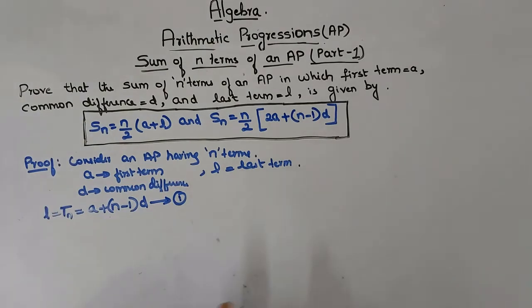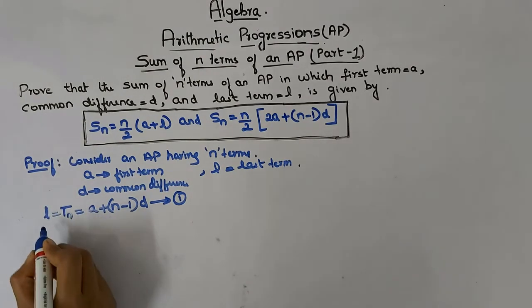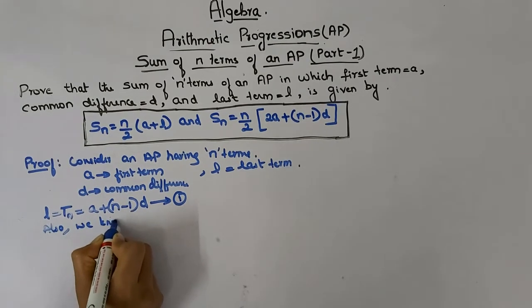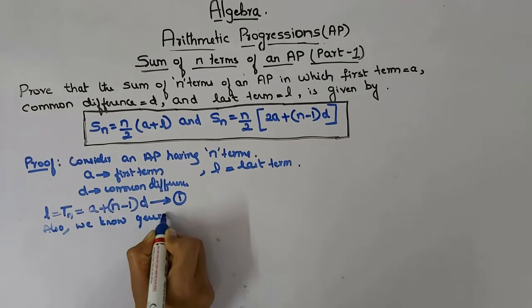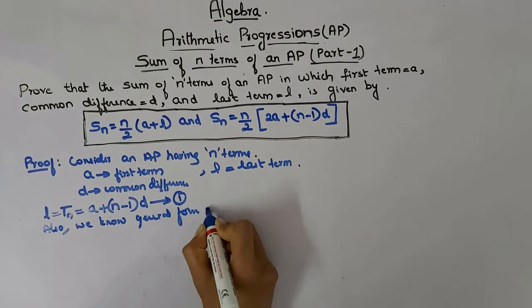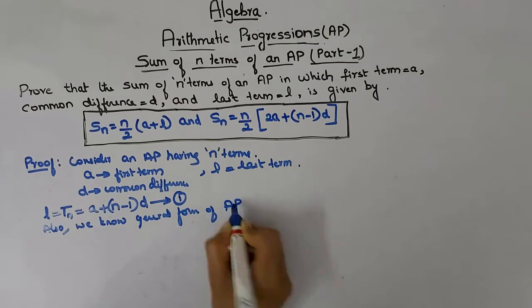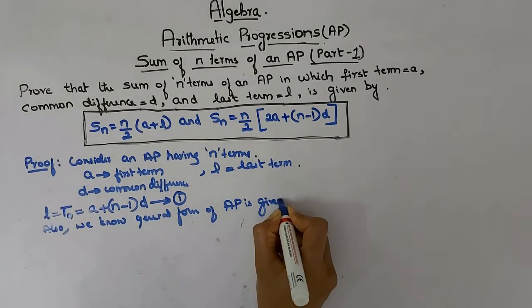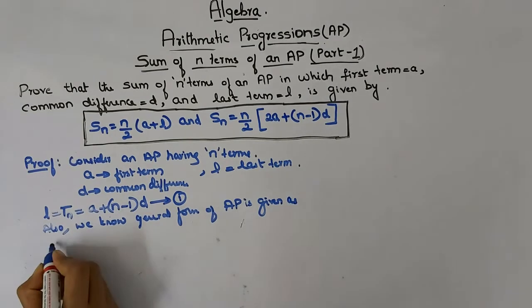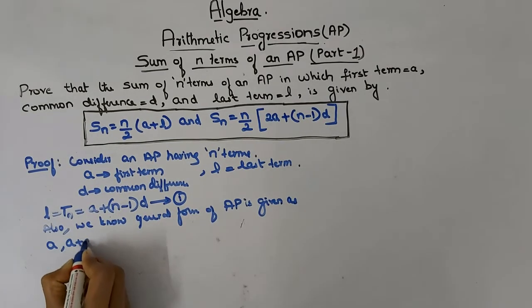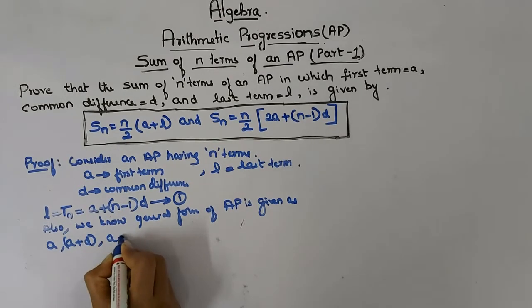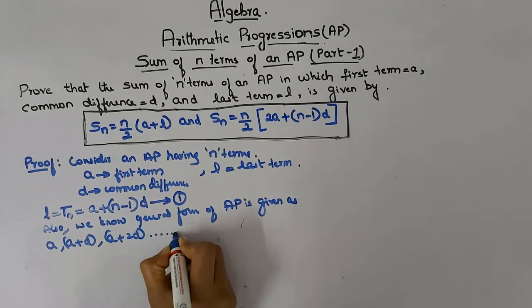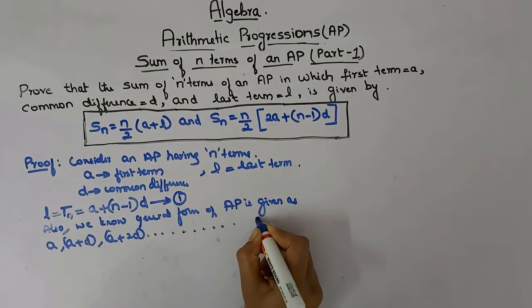And we also know the general form of an arithmetic progression is given as a, a plus d, a plus 2d, and so on till l. l is your last term.